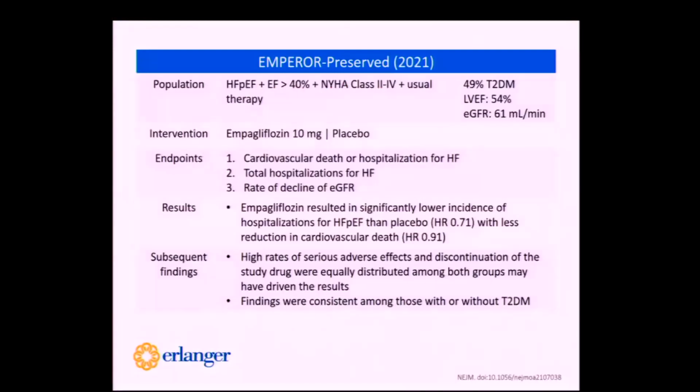As a result, the EMPEROR-Preserved trial found that empagliflozin had significantly lower incidence of hospitalizations for heart failure with preserved ejection fraction than placebo, with a hazard ratio of 0.71, and less reduction in cardiovascular death, with a hazard ratio of 0.91. So these are really driven by that reduction in hospitalizations.